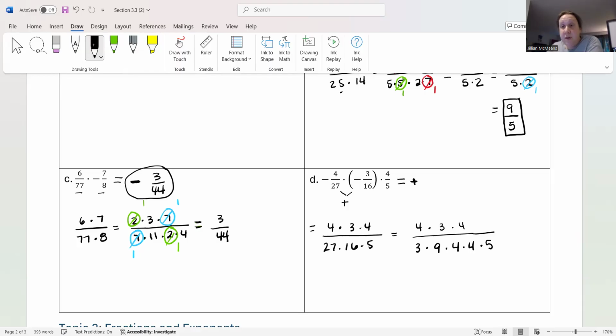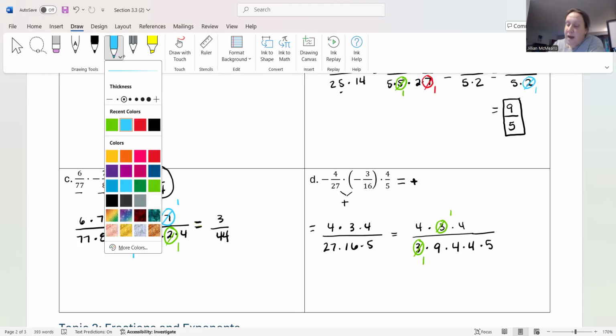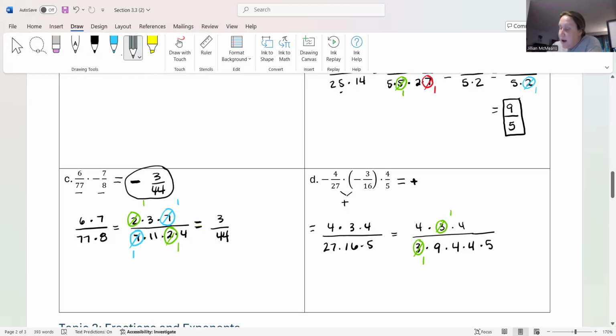Now let's see if we have any factors top to bottom that cancel out, or that divide out is what I should say. So I see right off the bat I have a 3. So I have a 3 in the numerator and denominator. So when I divide the numerator and denominator by 3, 3 divided by 3 is 1, and then in the denominator, 3 divided by 3 is 1. Next, I see a 4. I have a 4 in the numerator and a 4 in the denominator.